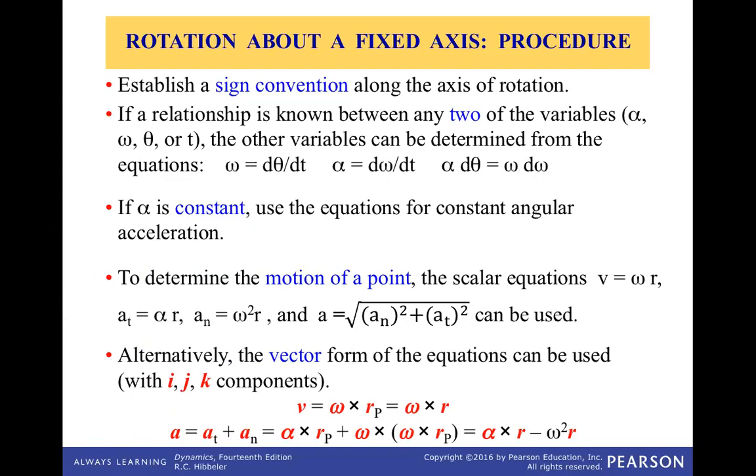Another way to determine the vector form of the equations is to use the i, j, k components, following the rules for the vector cross product. If you haven't learned the rules for the vector cross product, you can look it up online and it will tell you the procedure.